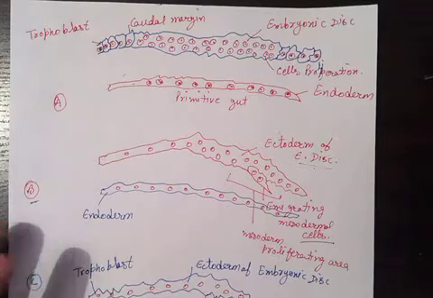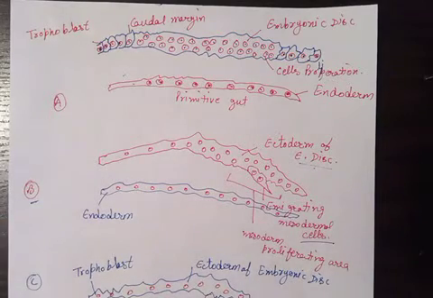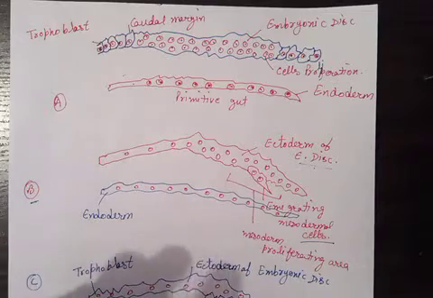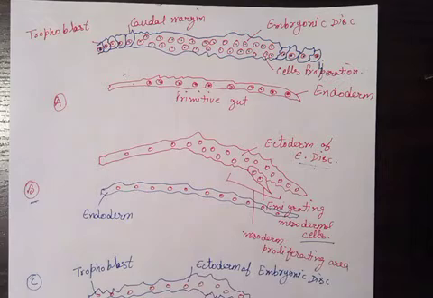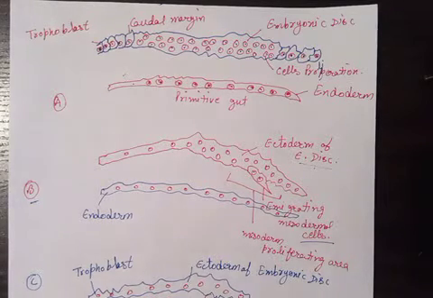So first of all, at the caudal margin of the embryonic disc, the cells start to proliferate. After the proliferation, a new layer arises, known as mesodermal cells.